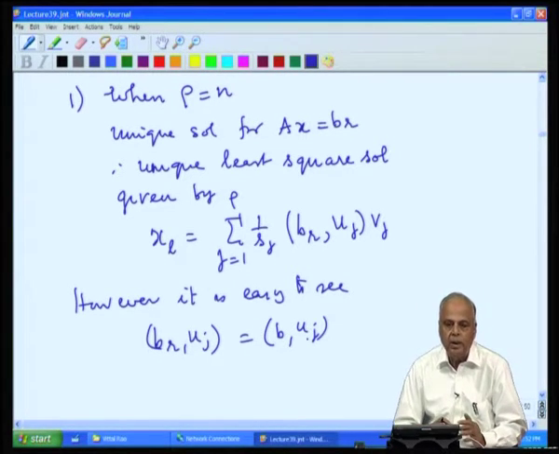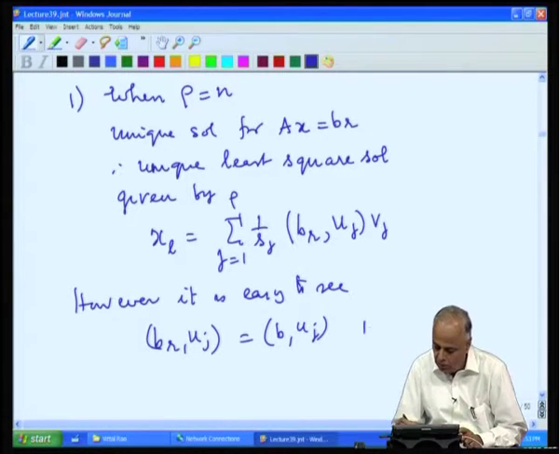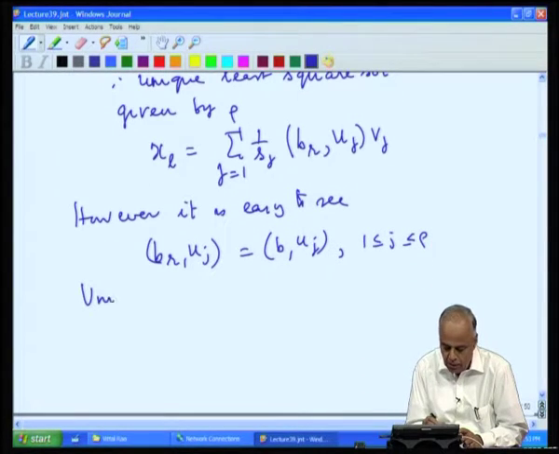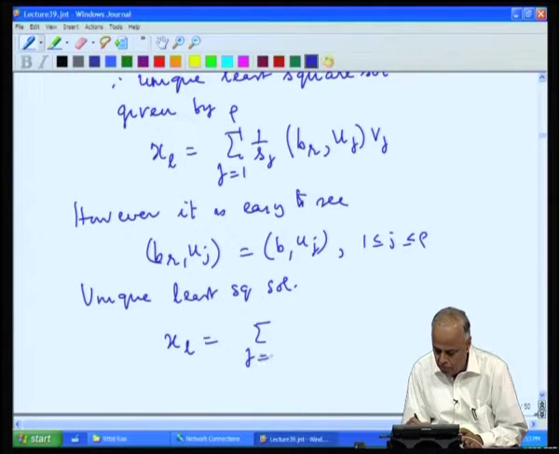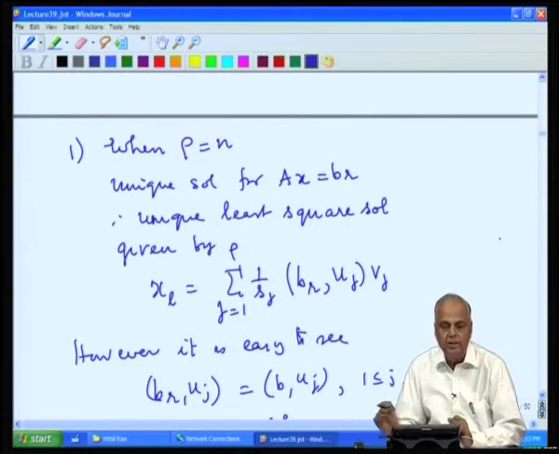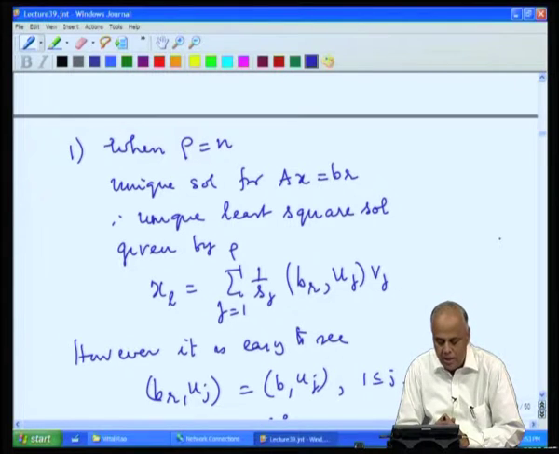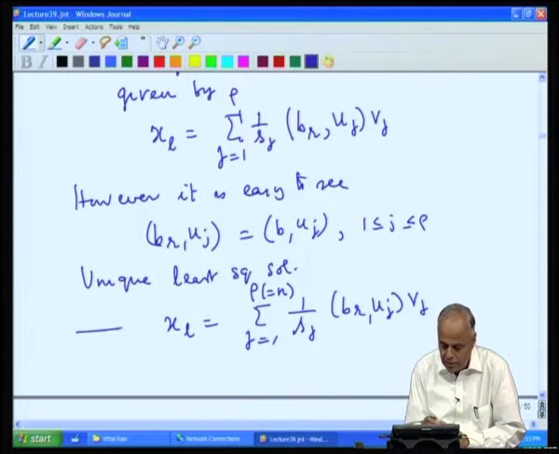The projected vector and the original vector have the same component in the projected space. So, for j less than or equal to rho, the unique least square solution is given by x_l equal to sum over j equal to 1 to rho, in this case rho equal to n, of 1 by s_j <b, u_j> v_j. So, thus when the rank is n, and consistency conditions are not satisfied, there is a unique least square solution and it is given by this expression.